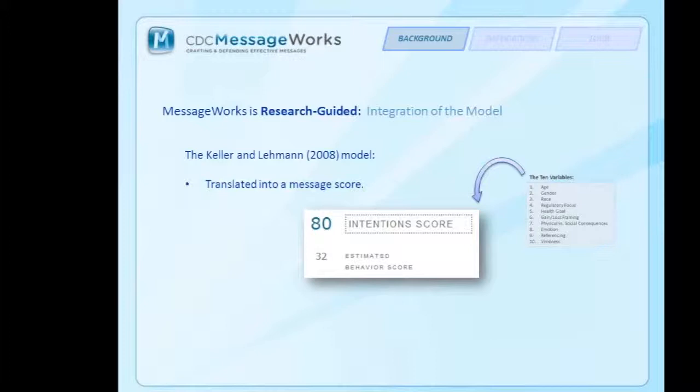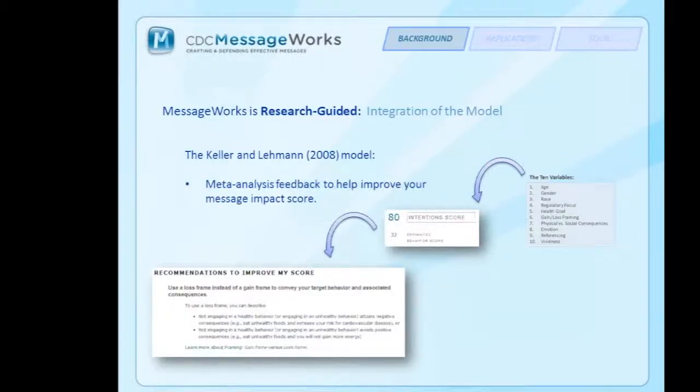And then these intention scores and behavior scores, as you go through the process, are also accompanied by what we call, next slide please, recommendations for how to improve your score. And each of these variables, as you go through and plug in your information, will give you some recommendations. Depending on your target audience, you will get different recommendations. So if you may have used a gain frame where you're focusing on the benefits of engaging in a healthy behavior, it may come back and say you might want to consider a loss frame to improve your score.